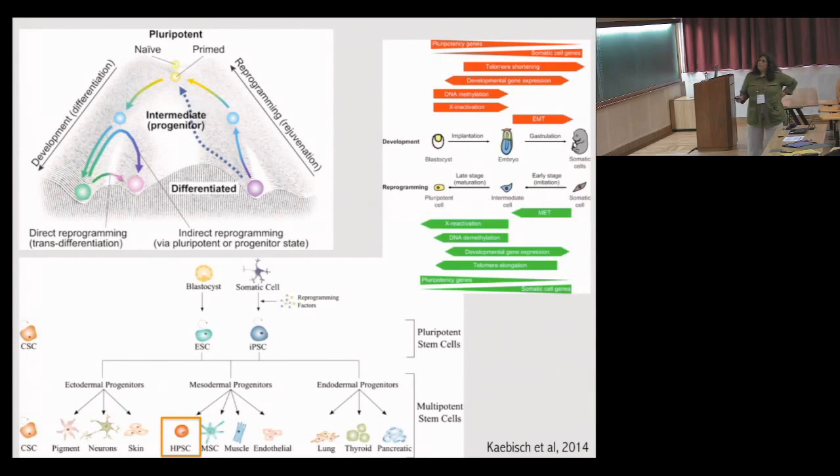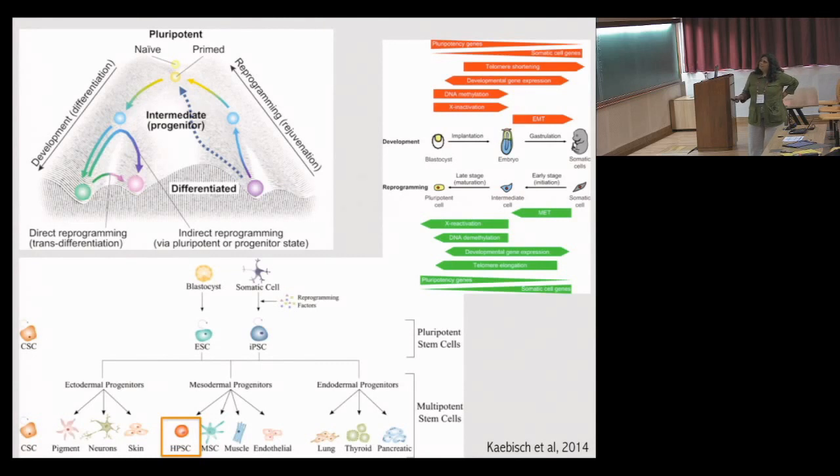Both reactions are associated with very similar changes, but oppositely directed in some cases, similarly directed in other cases. If you look at the molecular processes involved, something that gets elongated here is shortened here.